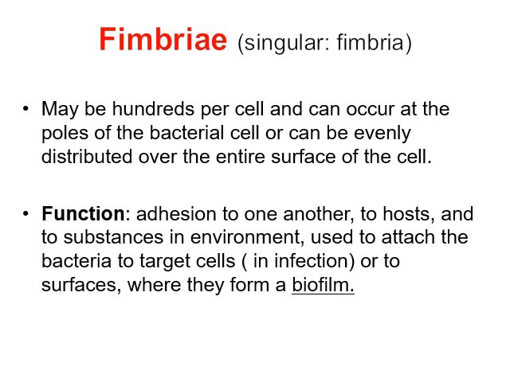Its main function is adhesion to one another or to the host and to substances in the environment, used to attach the bacteria to the target cell in infection or to a surface where they form biofilm. As we said, for the biofilm to be formed, the cells must adhere first to each other or to a certain surface. So these bacterial cells adhere with the aid of these fimbriae.